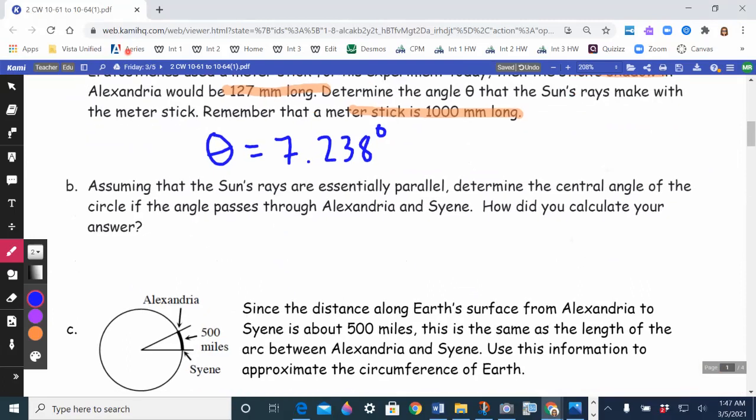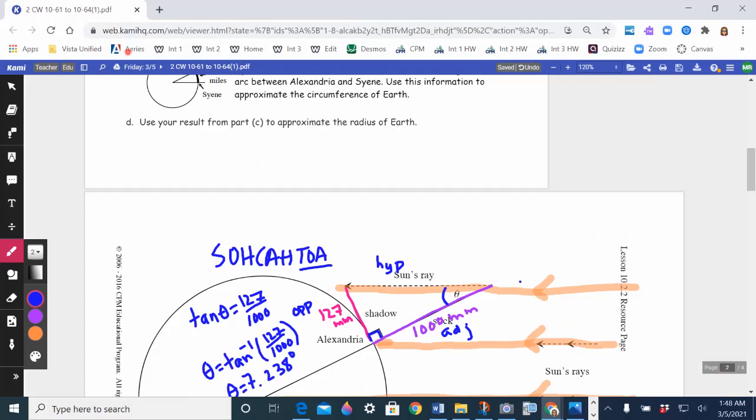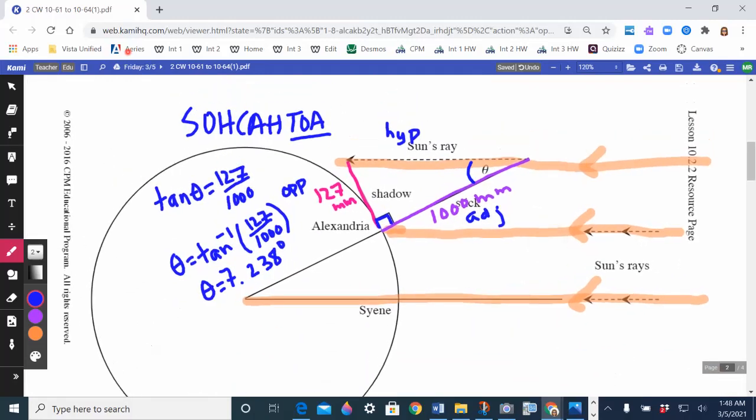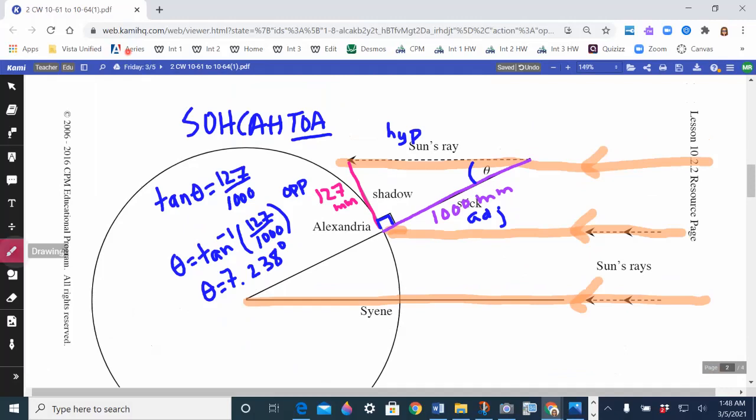Now, assuming that the sun's rays are essentially parallel, determine the central angle of the circle if the angle passes through Alexandria and Syene. How did you calculate your answer? Now what they want is this angle right here. That's the central angle that they're looking for.